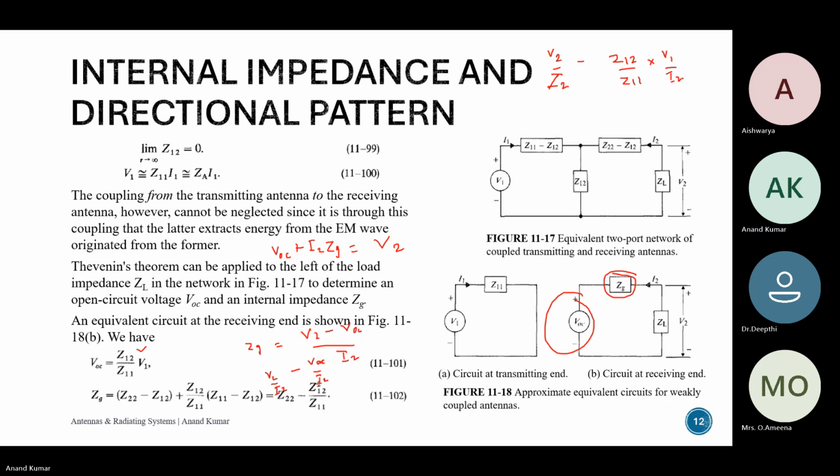Now V2 by I2, if we neglect this thing over here, is approximately Z22, minus Z12 by Z11 and V1 by I2.